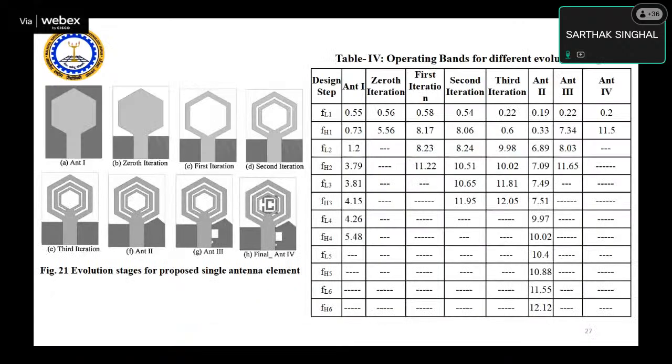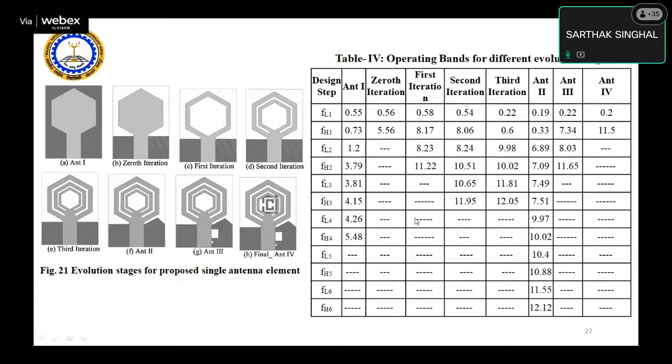This is a comparison of all the steps which were followed. Initially, for stage 1, in which a simple hexagonal monopole was designed with a partial ground plane, we achieved four bands.